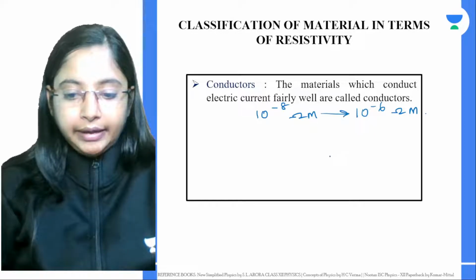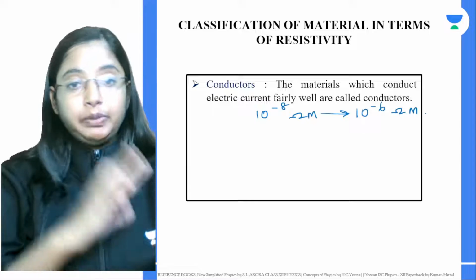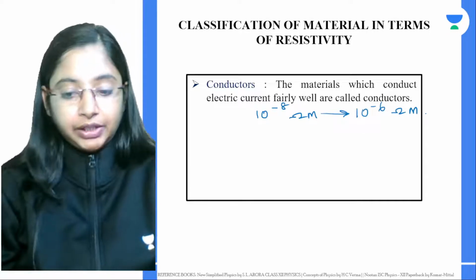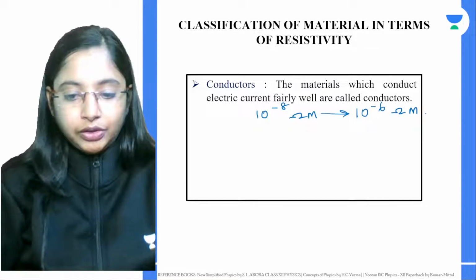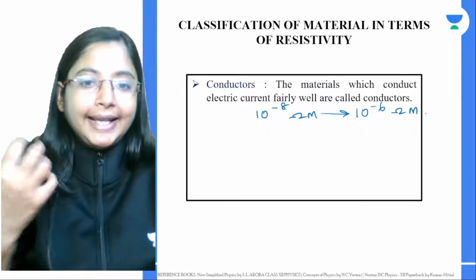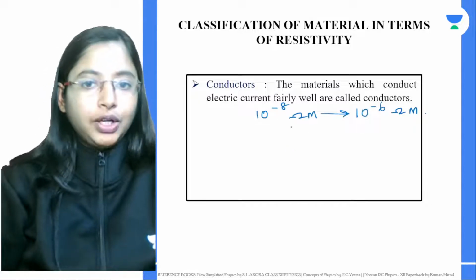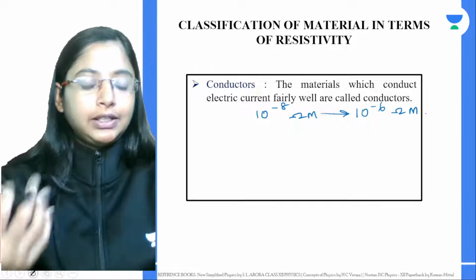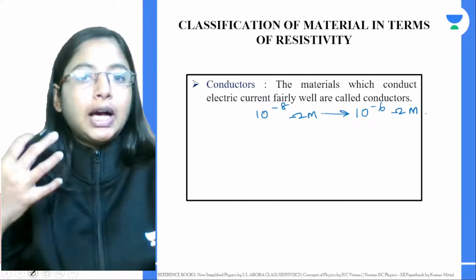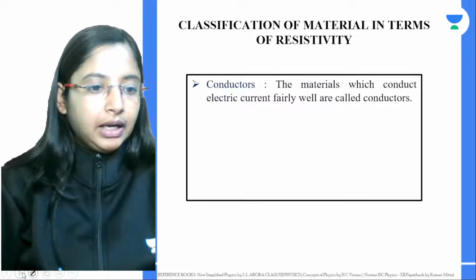Nichrome has a very high resistivity, so it is not a very good conductor. An electric iron or an electric heater is made of materials that are good conductors.